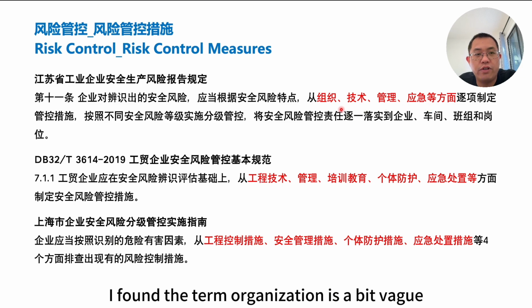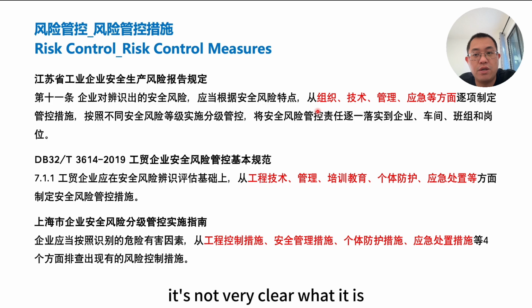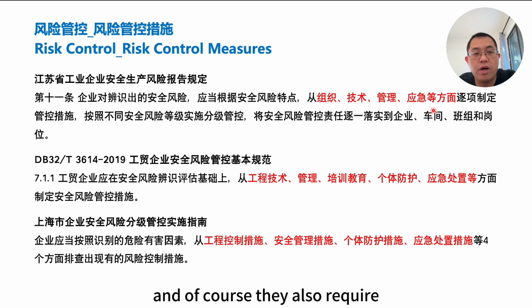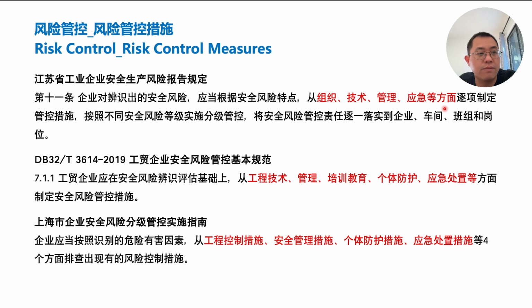So, to be honest, I found the term organization a bit vague. It's not very clear what it actually refers to. And technology probably corresponds to engineering controls, and administration would be administrative controls. And of course, they also require emergency response control measures.